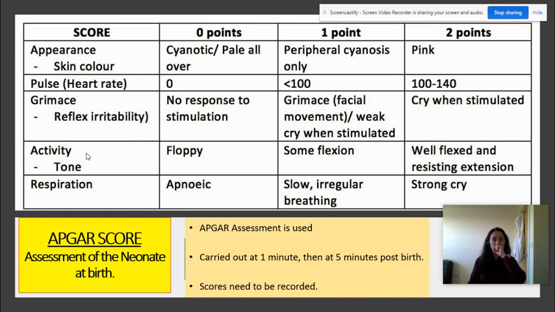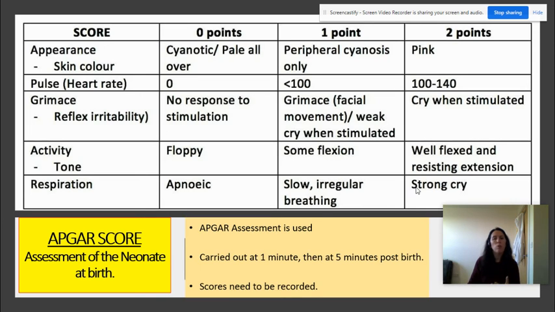The tone, which is called activity in APGAR: floppy, normal, and then in between, some type of flexion. So you might have this on one side, a little bit of movement, but not completely pulling and moving as normal. And then the respiration level.